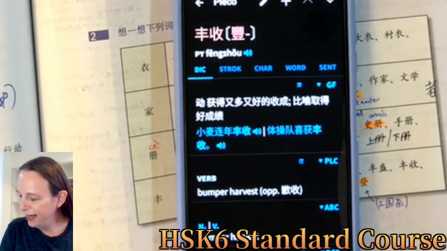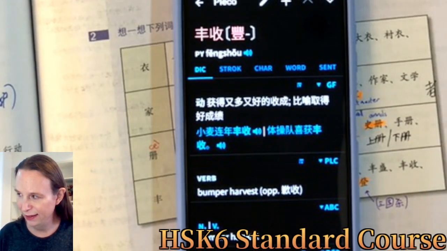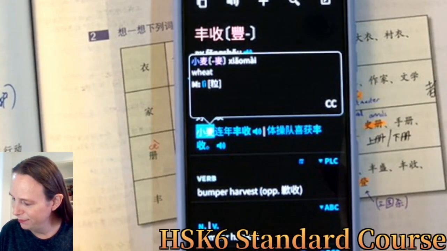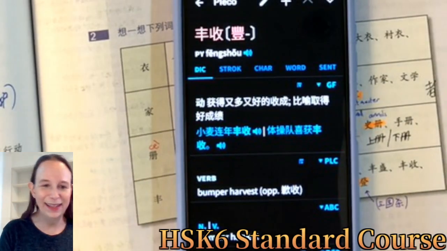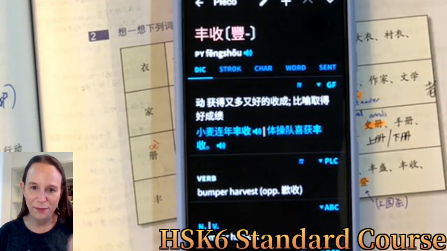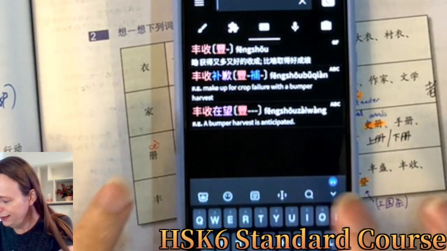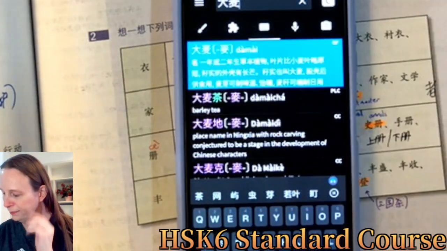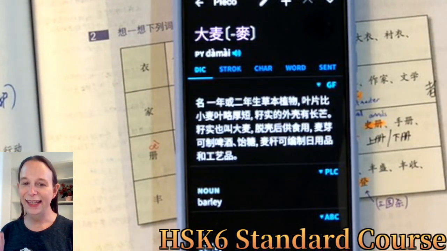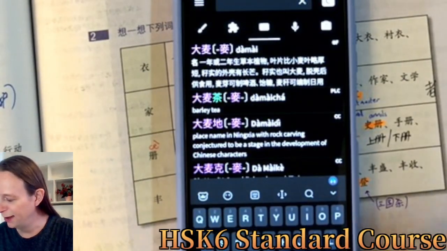Okay, 小麦连年丰收. Yeah, so 小麦 is barley, wheat. Sorry, I get them mixed up. So 小麦, what is 大麦 then? 大麦. Oh, 大麦 is barley, 小麦 is wheat. Okay. I'm not a farmer.